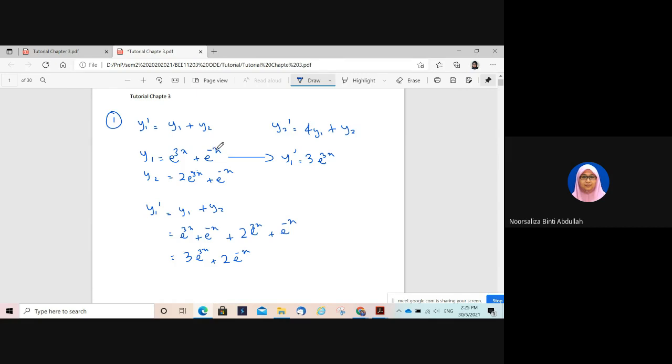Exponent minus x, you differentiate, you will get negative exponent negative x.